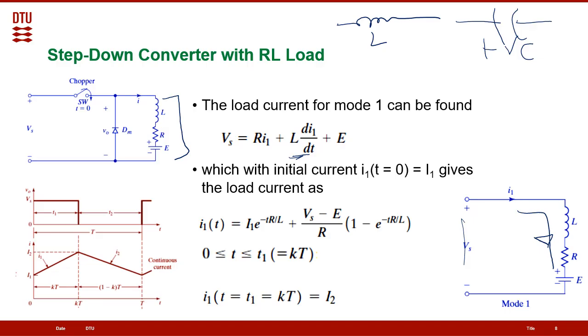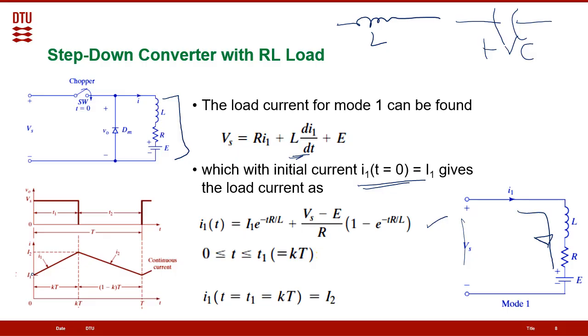We can assume that the initial current here is equal to I1. Then we can use Laplace transform to solve this equation, and I will add some notes about how this equation has been derived. As you can see here, this equation is valid during mode 1.